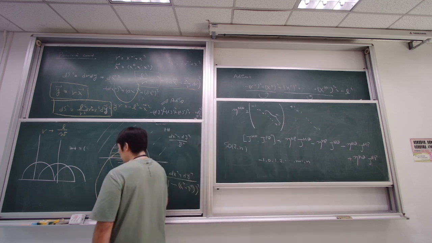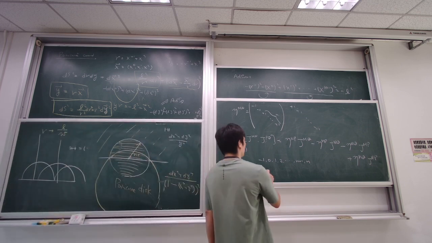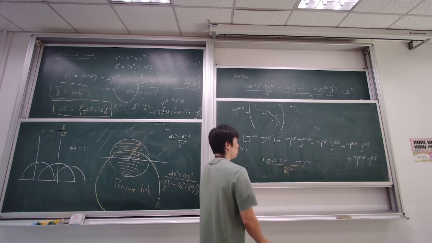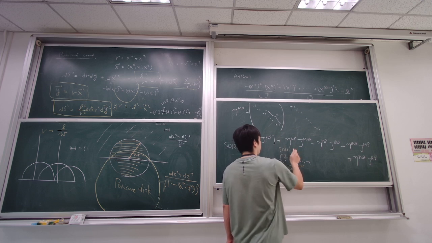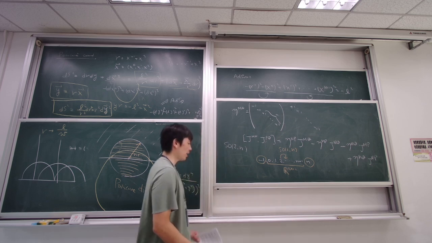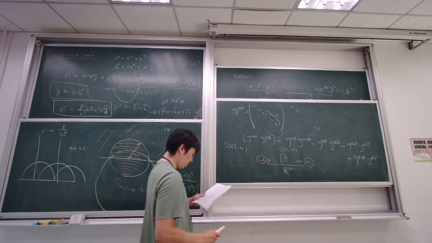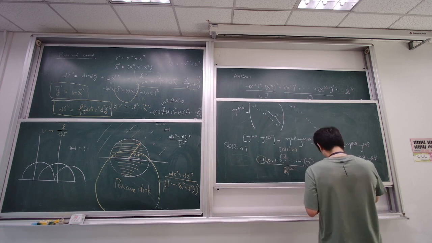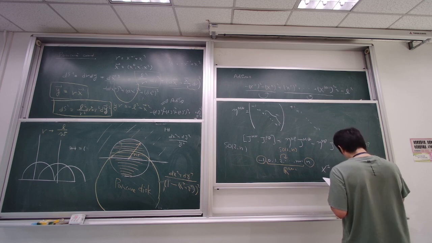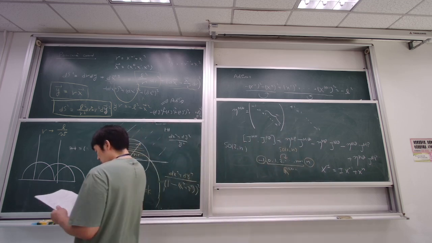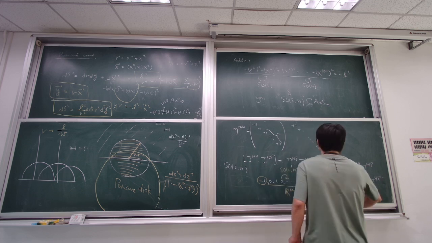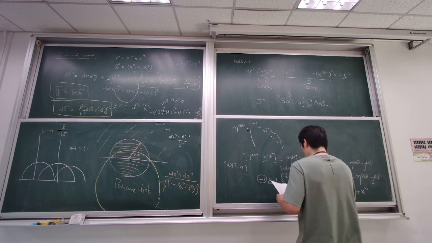We treat this part as n-dimensional Minkowski space, R^(1,n-1), where SO(1,n-1) acts. And we treat this direction as some kind of light-cone component. So I define x plus minus as plus minus, like this.